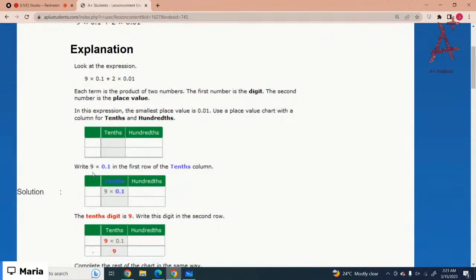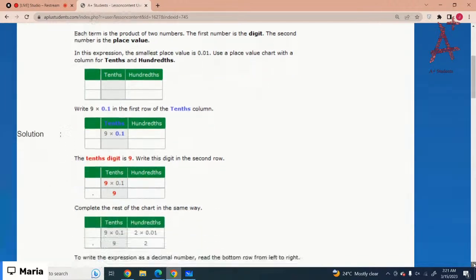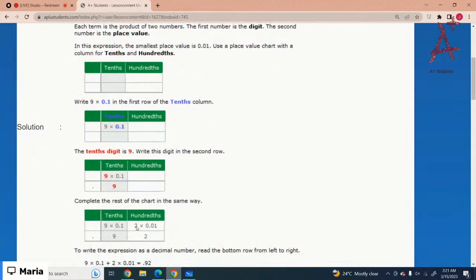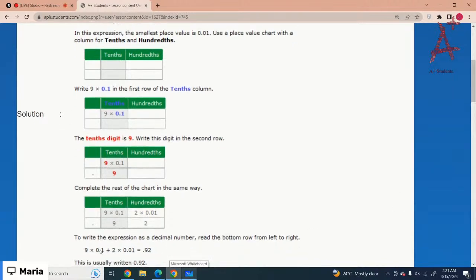Here you have 9 times 0.1. That tells you that 9 is at the tenths place. Then 2 times 0.01 means it is the hundredths digit. So the hundredths digit is 2. So the number is 0.92. Got it?